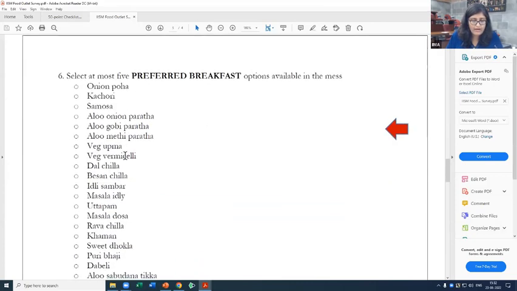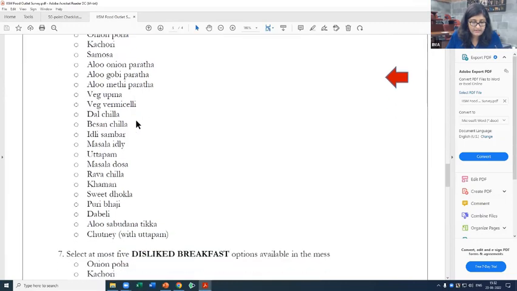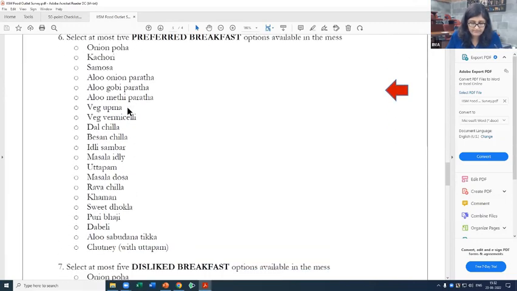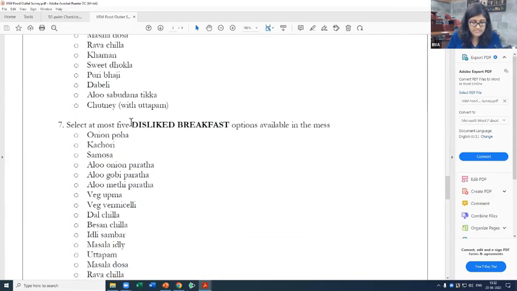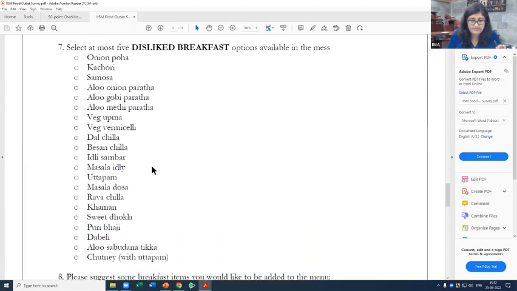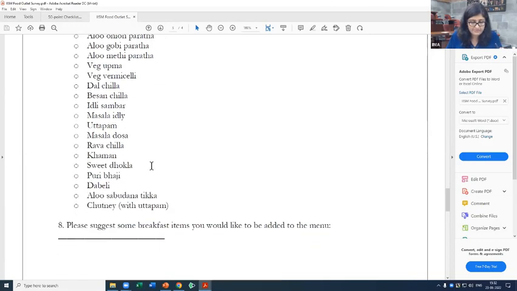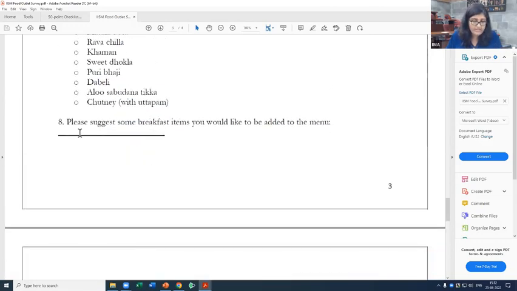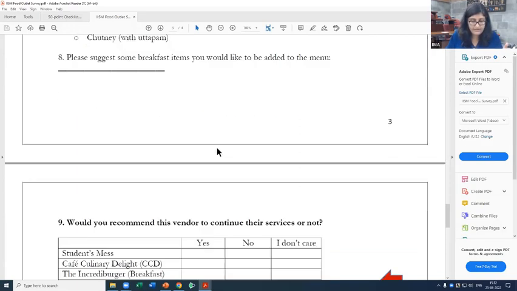Question 6, you have to list 5 most preferred breakfast options, and then there's a long list of breakfast items. Similarly, question 7, you have to list 5 disliked breakfast options, from a long list of breakfast items. Then an open-ended question: please suggest some breakfast items you would like to add to the menu.